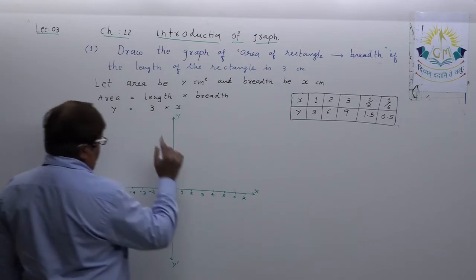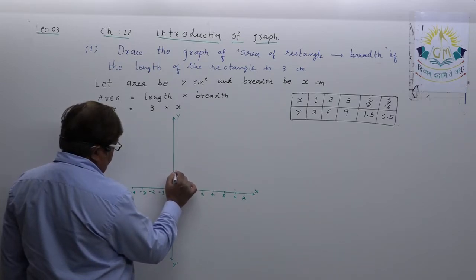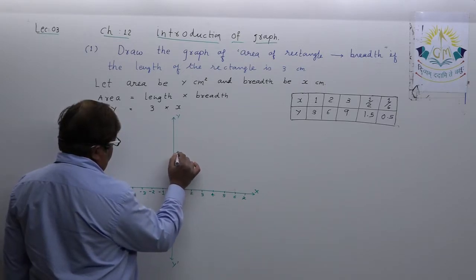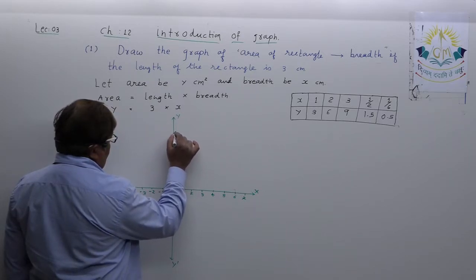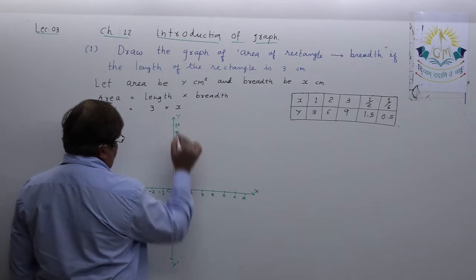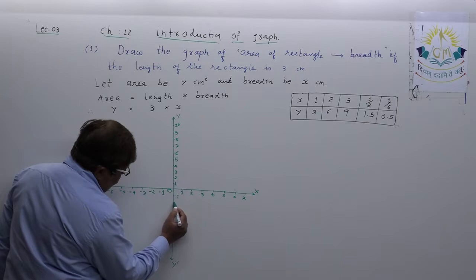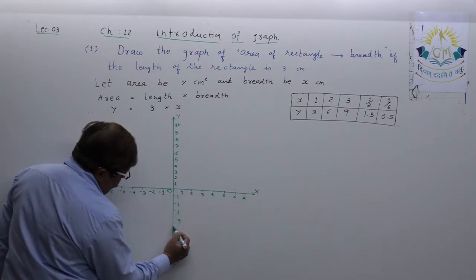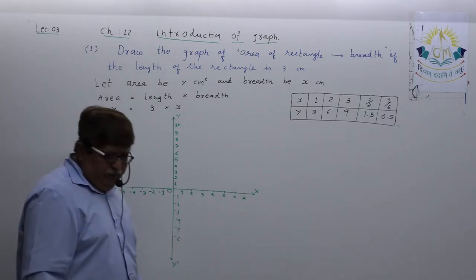Positive y coordinate 1, 2, 3, 4, 5, 6, 7, 8, 9, 10. Negative coordinates -1, -2, -3, -4, -5, -6, up till this only.